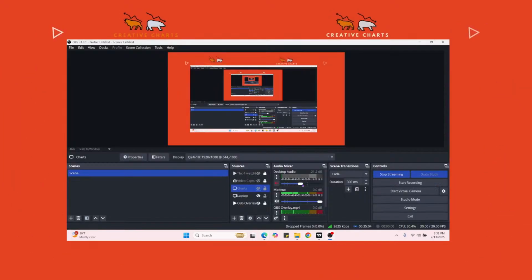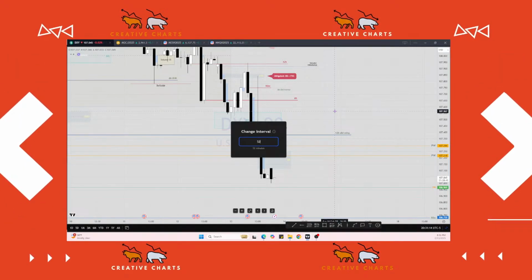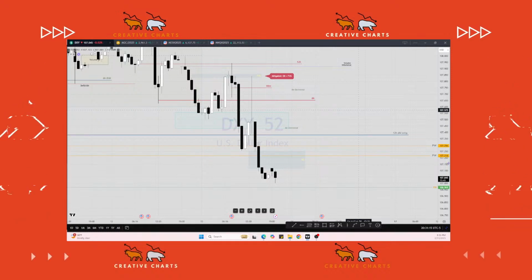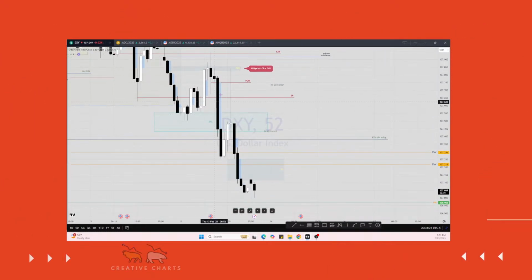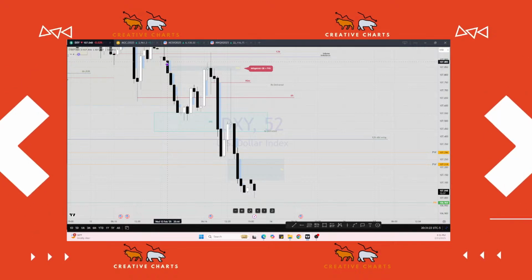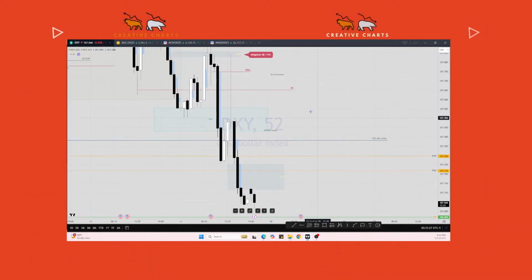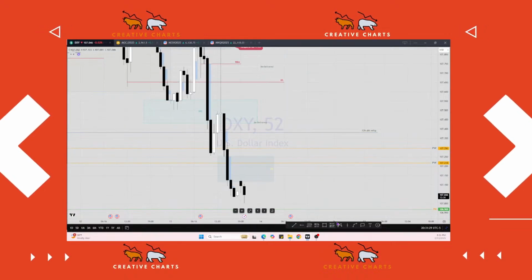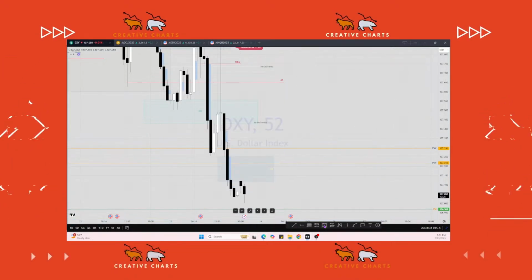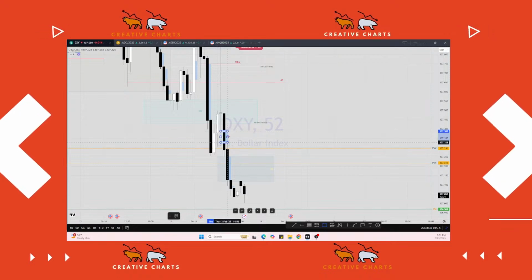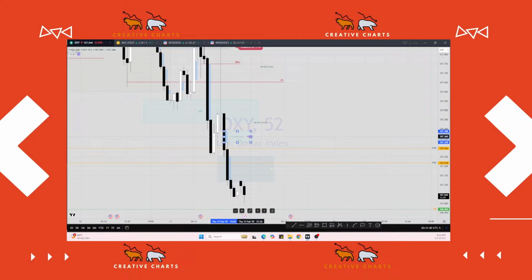Alright, let's try to jump down the hourly real quick, see if we can find something else. So jump down to the hour. Beautiful. So you can see that, right? Fair value gap right there. There is a lot going on here, and a lot I would like to see. I don't really care about this on my lower time frames. Beautiful. Shows that nice inefficient price action, nice big fair value gap.